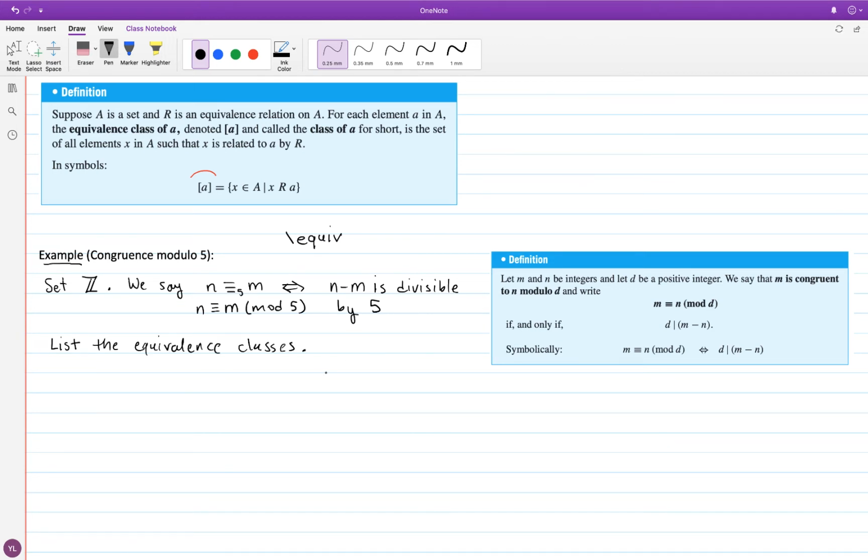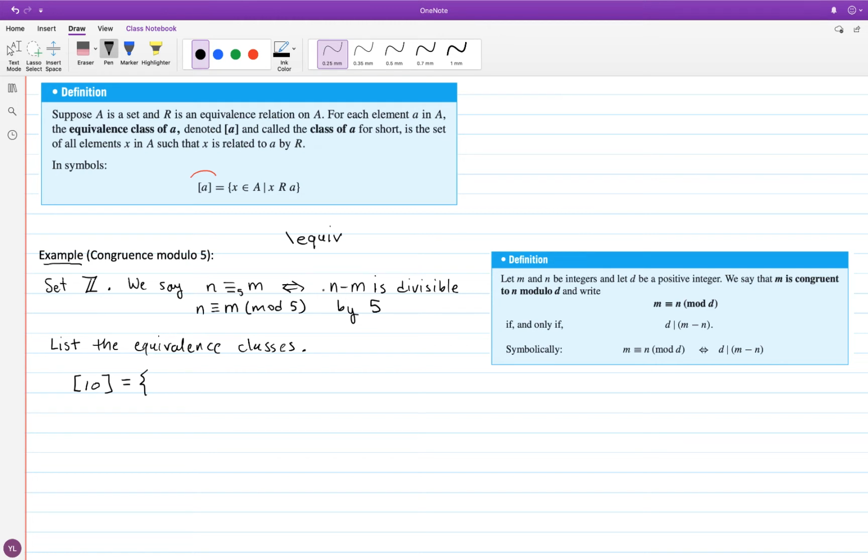Okay, so for any integer, I can write down all the other integers that it's equivalent to. So let me start with, how about the integer 10? So 10 is an element of the set A, or Z here. And what are some other numbers that are equivalent to 10 mod 5?